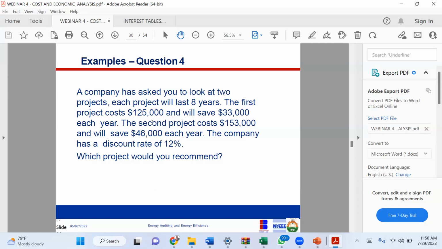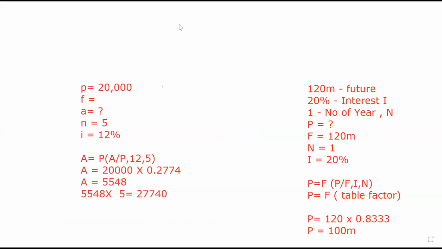So let's solve this. A company has asked you to look at 2 projects. Each project will last 8 years. The first project will cost 125 and will save 33,000. So let's take care of the first project first, right? Good. So here, I'll say clear all.